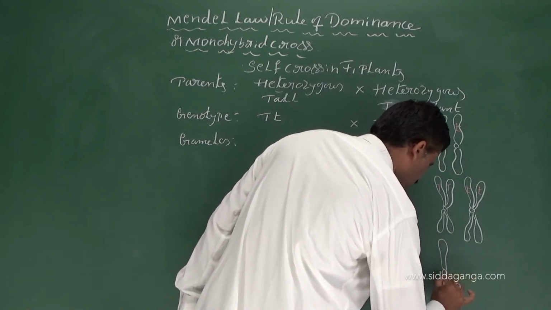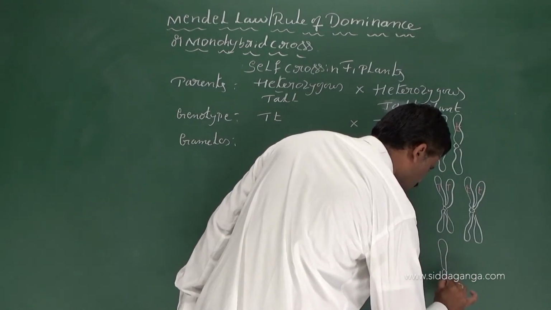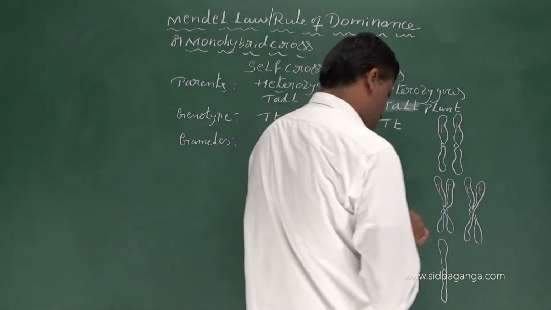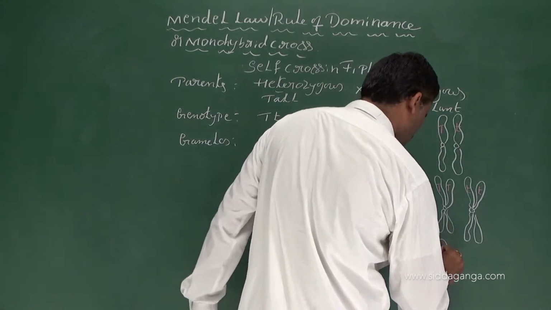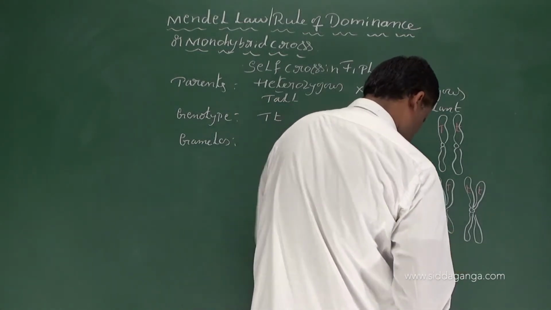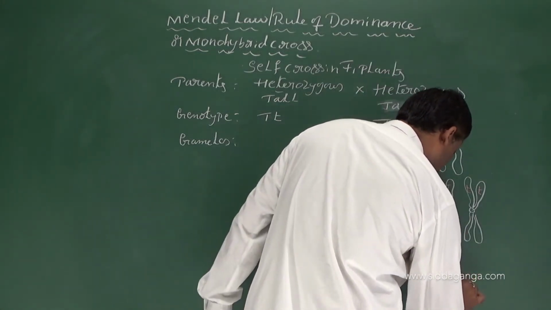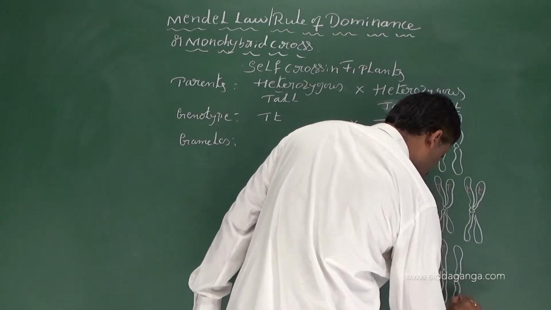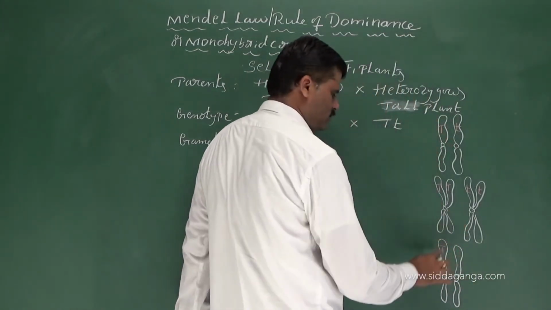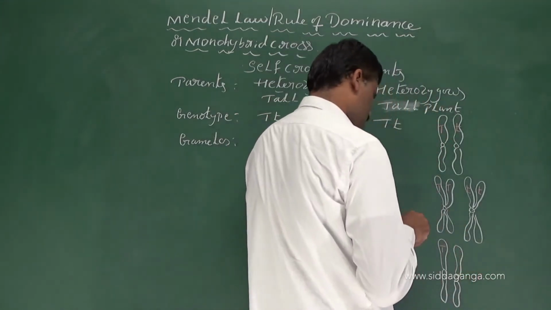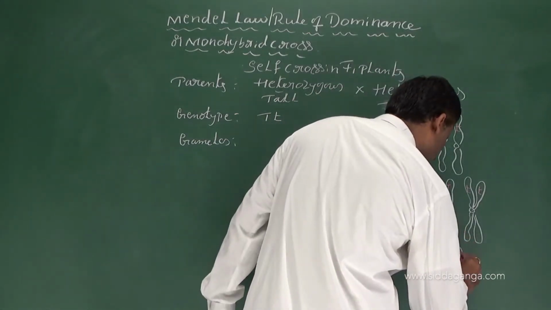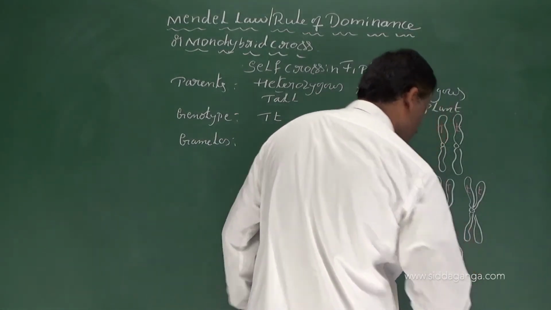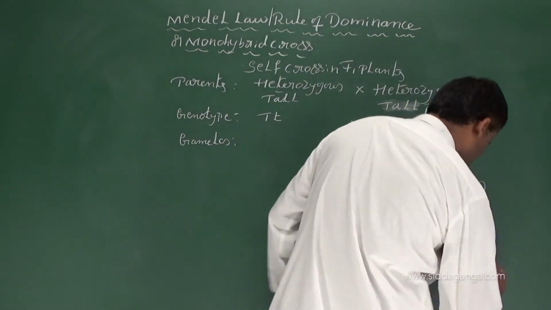There are same type of genes, capital T, production of same type of gametes. Those parental chromosomes give rise to daughter chromosomes and contain respective genes for a character.